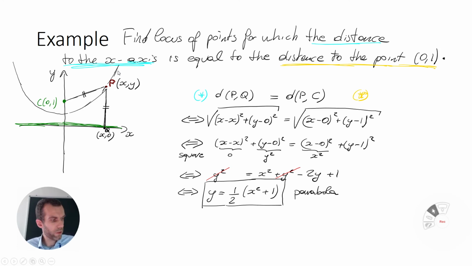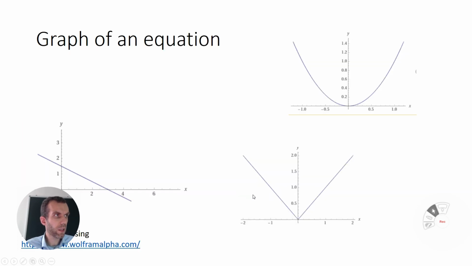Maybe just as a quick aside, if you have something that is of the form y is equal to something x squared plus something x plus something constant, that will most likely be a parabola. So you have this y and then the x squared, that's the telltale sign of a parabola.